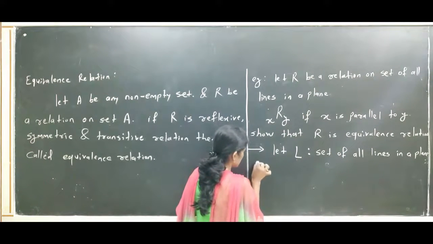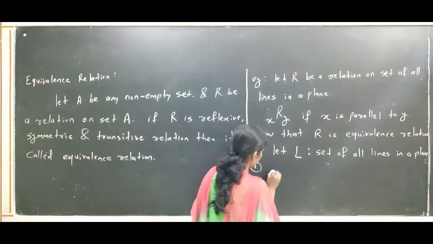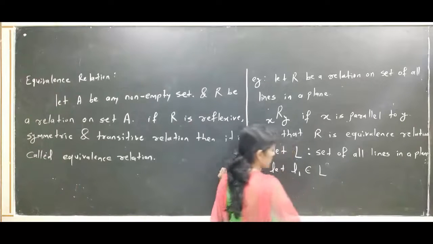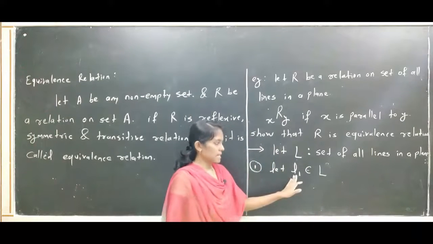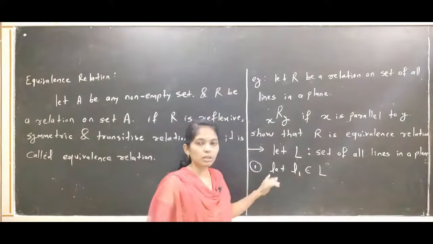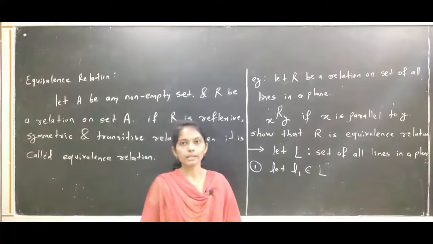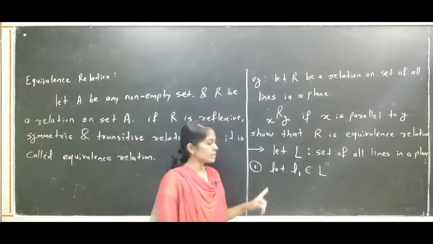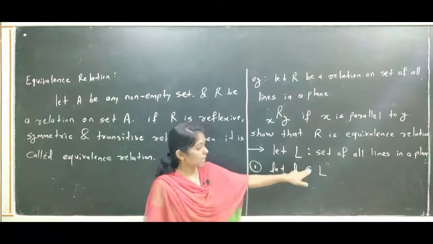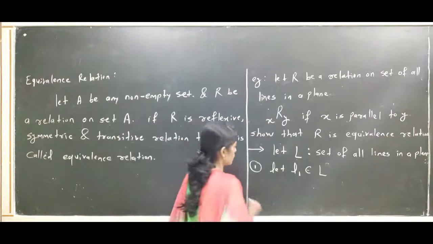So first we want to show that it is reflexive. So for reflexive, let L1 belong to set L. L1 be a line which belongs to the set L. Here we know the result that every line is parallel to itself. By using this result we get L1 parallel to L1, and hence L1 is related to L1.